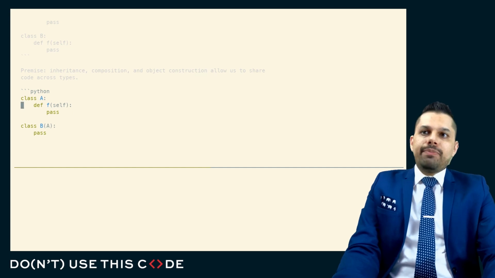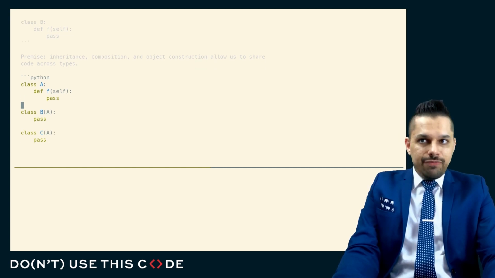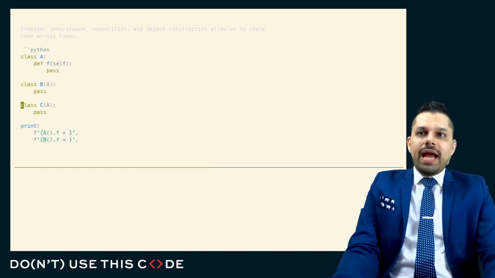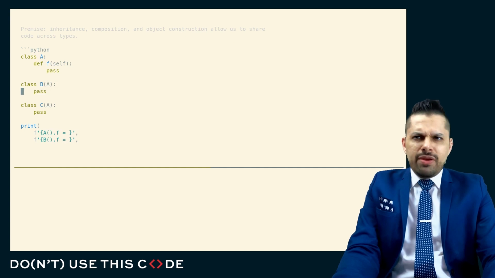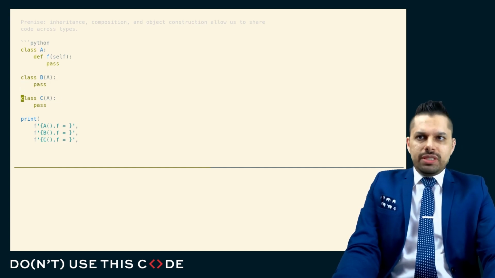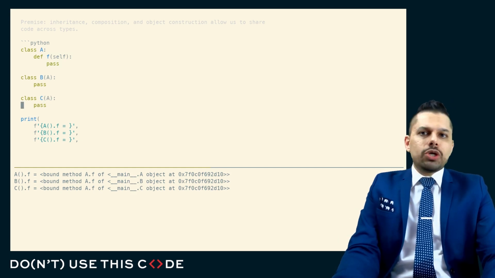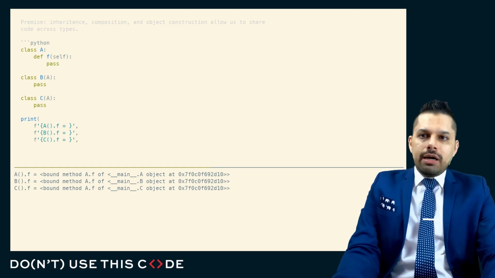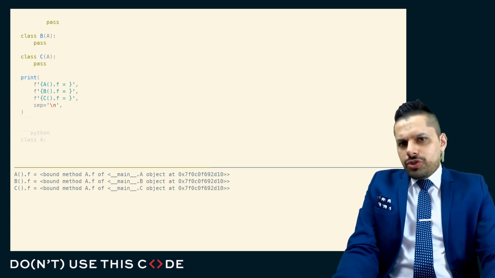The canonical example for inheritance is we have some base type A and it has some function f, and B and C both have the ability to make use of this function f without us doing any extra work at the B level or the C level, just by inheriting from A. And so we can see all three of these types have the ability to share this underlying f method.